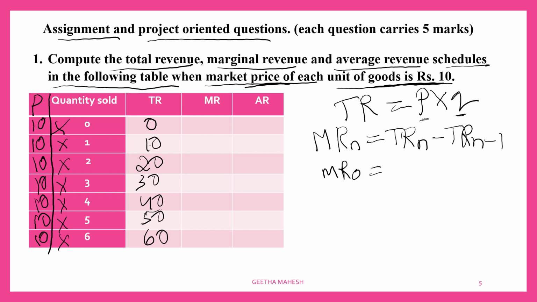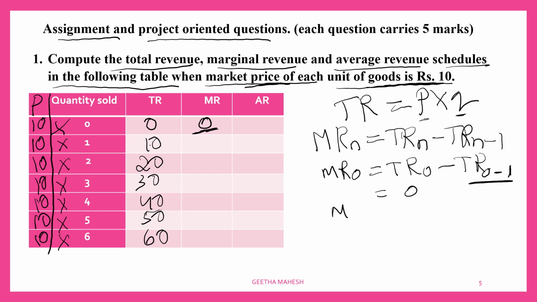So we have to take total revenue for 0 minus total revenue for 0 minus 1. But as we don't have the previous value, and total revenue 0 is 0, you can consider that as 0 or you can leave that as a hyphen.